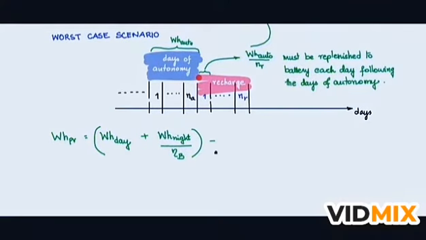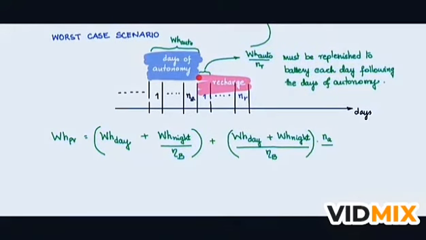Apart from this, it has to supply the energy required for the days of autonomy, which is watt hour day plus watt hour night. So when the sun power is not there, both these have to be stored into the battery, and therefore you have the efficiency of the battery coming into the picture, and this much amount of the power for NA number of days, so many number of days.